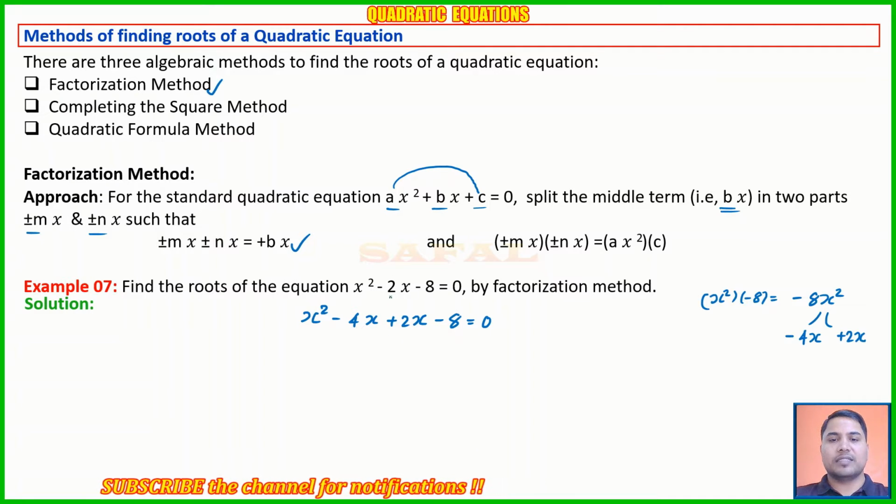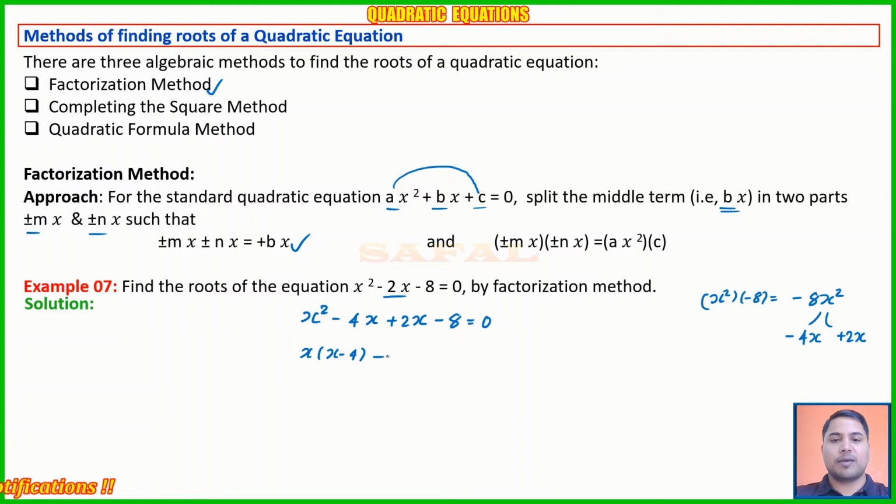So what I did, this minus 2x is split in two parts such that the sum is minus 2x only and the product is the product of x square term and constant term. So now x I can take common from here, so I'll have x minus 4 plus 2 I'll take common, so again I'll have x minus 4. So x minus 4 I will take common, so I'll have x plus 2.